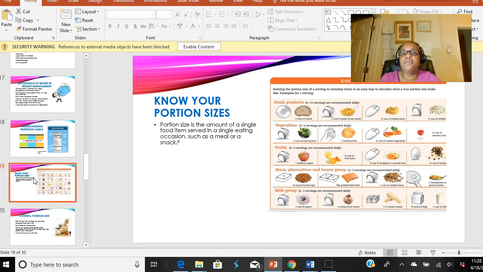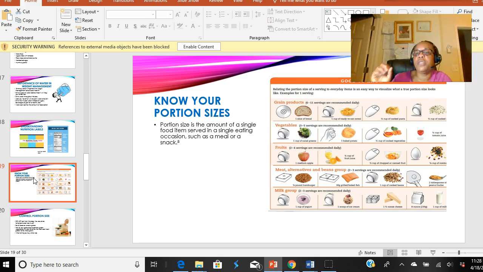One serving of cereal is a tennis ball. One serving of pasta is like the mouse on the computer. 2 to 4 servings of fruit is like a tennis ball. And in the milk group, a cup of yogurt, which gives you 2 to 3 servings, is like a tennis ball. 4 dice is 1 ounce of cheese.